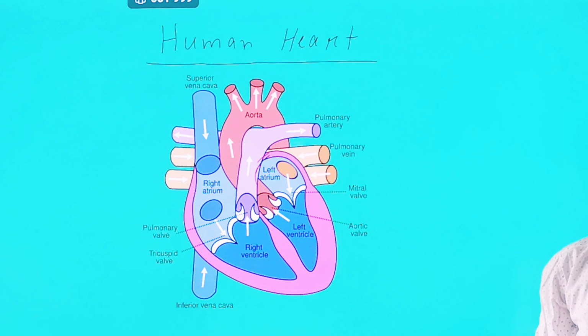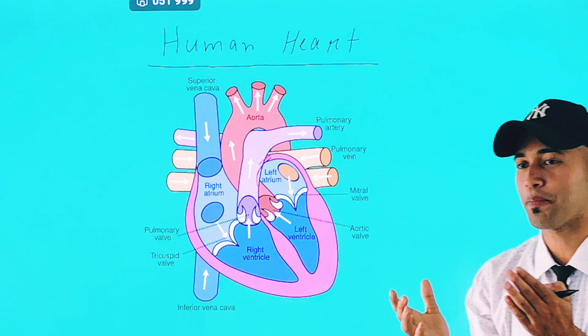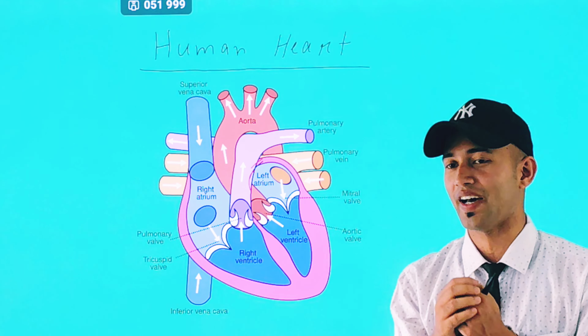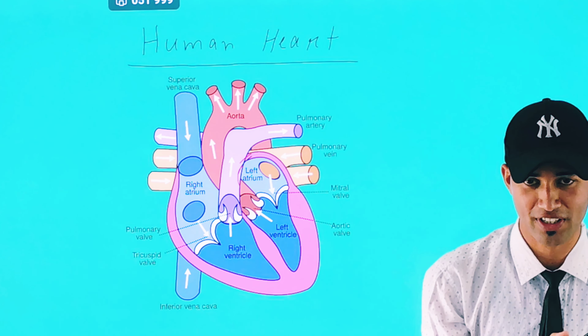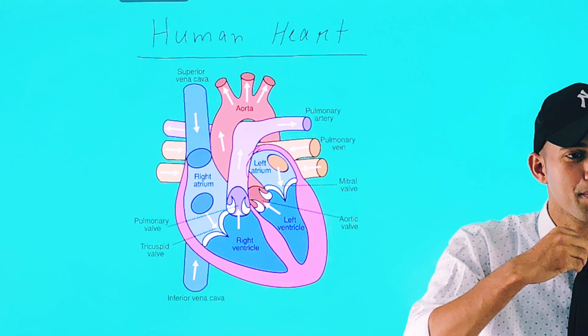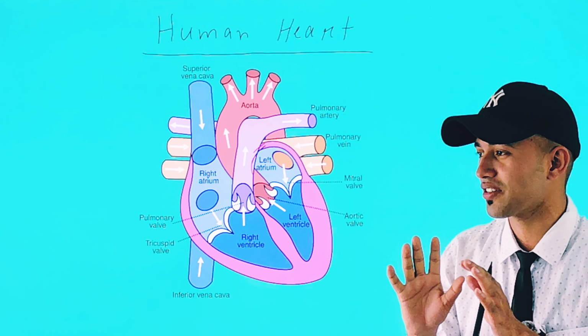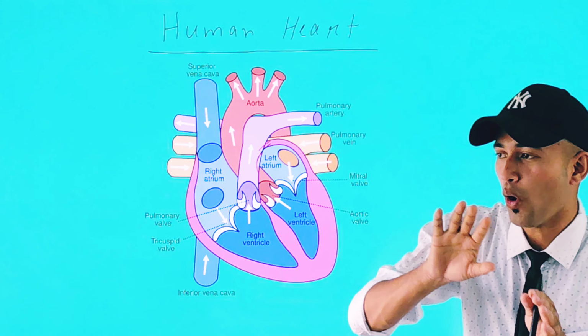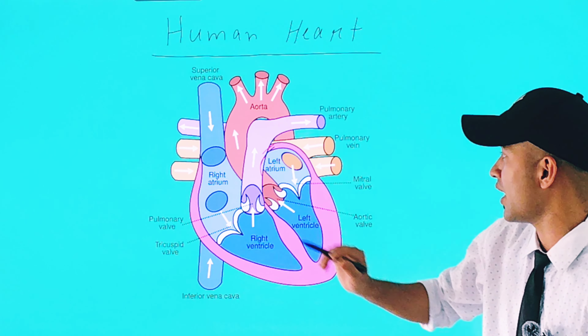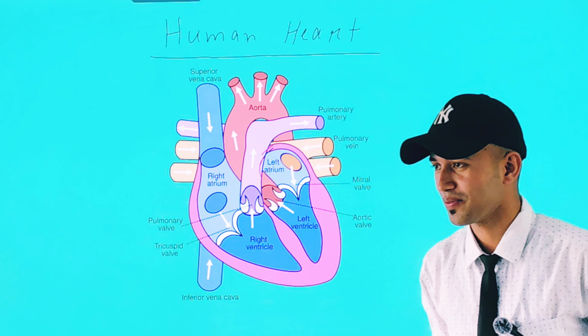Now, we shall study the function of these chambers. Now we know for the production of our energy we use oxygen. Oxygen is used by our body cells, and once the oxygen is used up, the deoxygenated blood comes to our heart.